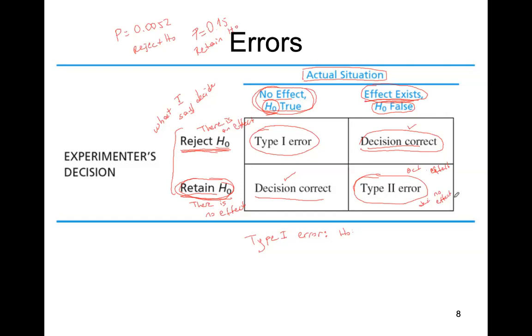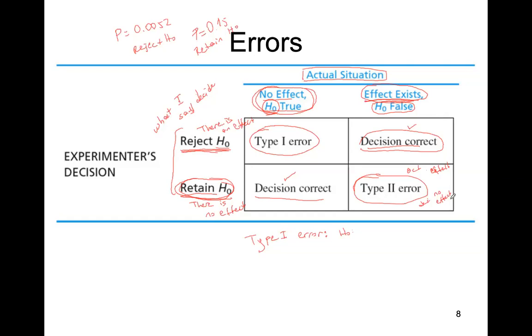Okay. Which one is more dangerous, friends, in terms of treating COVID-19 patients? Which one is more dangerous? Type 1 error or type 2 error? Type 2 error, right?